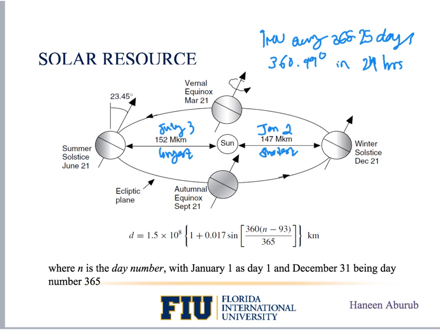Changes in the orbit affect the amount of sunlight striking the Earth, as well as the distribution of the sunlight both geographically and seasonally. That's why it's important to study the Earth's orbit variations for planning purposes or long-term purposes.